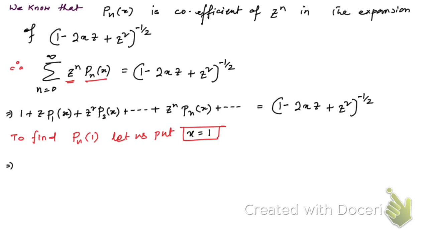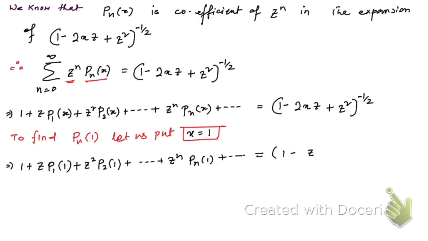On putting x equal to 1, the left side will be 1 plus z P1 of 1 plus z square P2 of 1 plus dot dot dot, z to the power n Pn of 1 plus dot dot dot up to infinity, and on the right hand side, we get (1 minus 2z plus z square) whole to the power minus half.